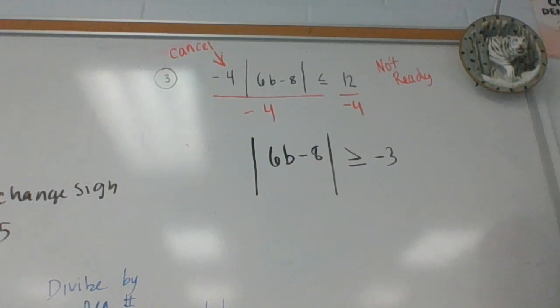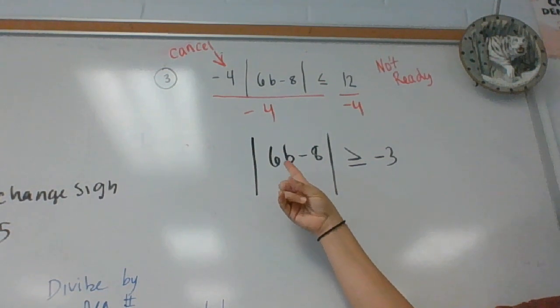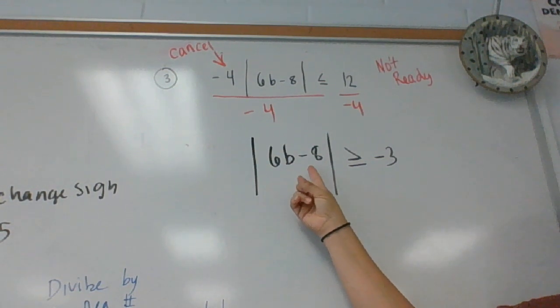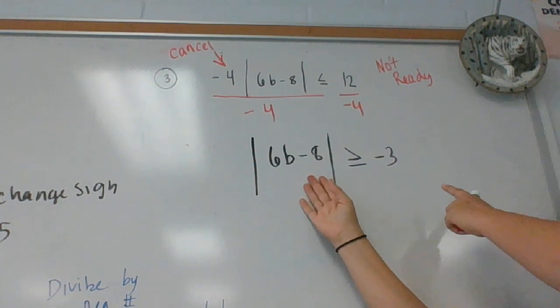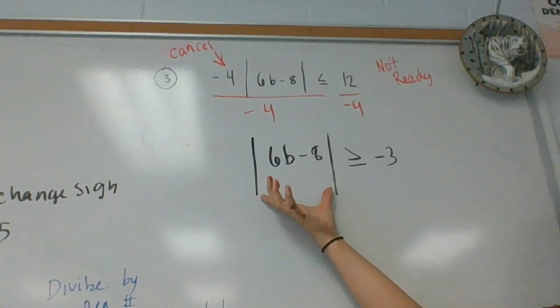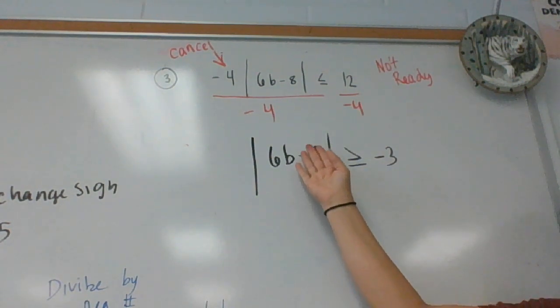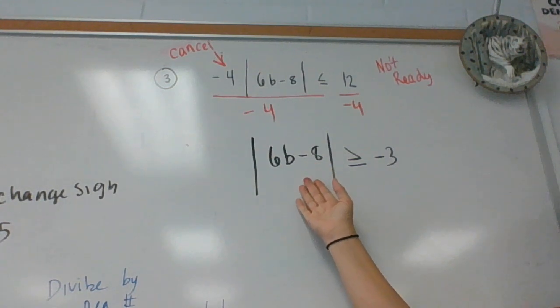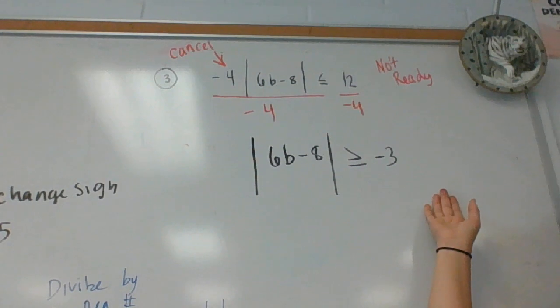What about negative 100? Can you guys do that in your head right now? What would negative 100 do to this? That's negative 600 minus 8 is negative 608. Is that going to be greater than negative 3? The bars are going to turn it greater than negative 3. So whatever's in here, it doesn't matter how negative it gets, the bars are going to make it positive. It's always going to be greater than negative 3.